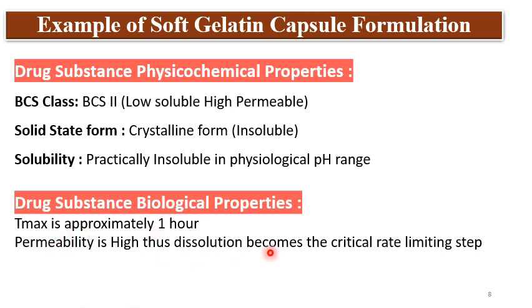Permeability is high, thus the dissolution becomes the critical rate limiting step. And for dissolution, the solubility will become the rate limiting step. Now for solubility, the crystalline form or the dissolved form of the drug substance in the formulation will become the critical stage.